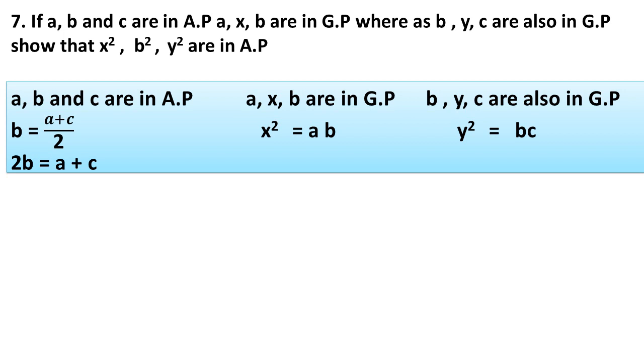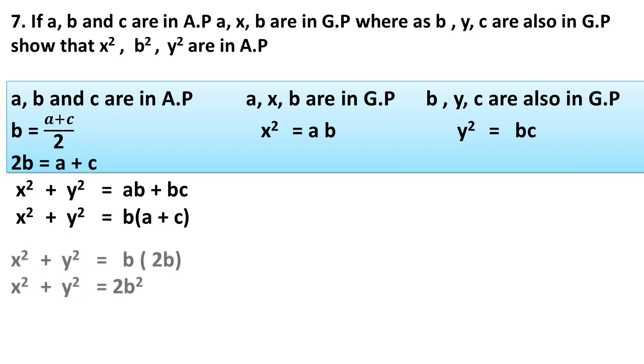Let us consider x square and y square. Sum of x square and y square will be equal to AB plus BC. Take out B as a common factor, so A plus C remains on the right hand side. A plus C can be written as 2B according to result number 1.